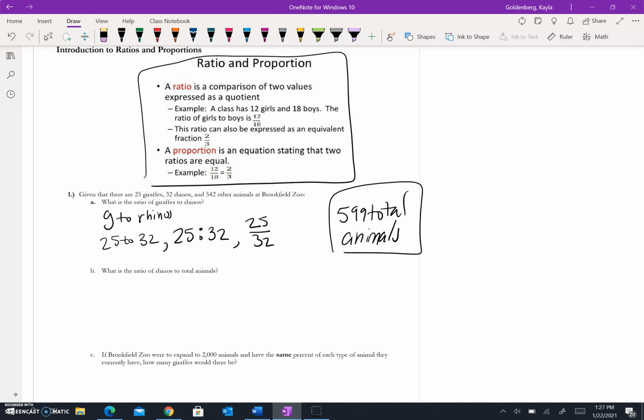Okay. And then part B asks us the ratio of rhinos to the total animals. And this is where oftentimes my students will accidentally take that 542 if you're just trying to go through it quickly and not find the 599 total. So total animals compared to rhinos. So we need 32 rhinos and 599 total animals.